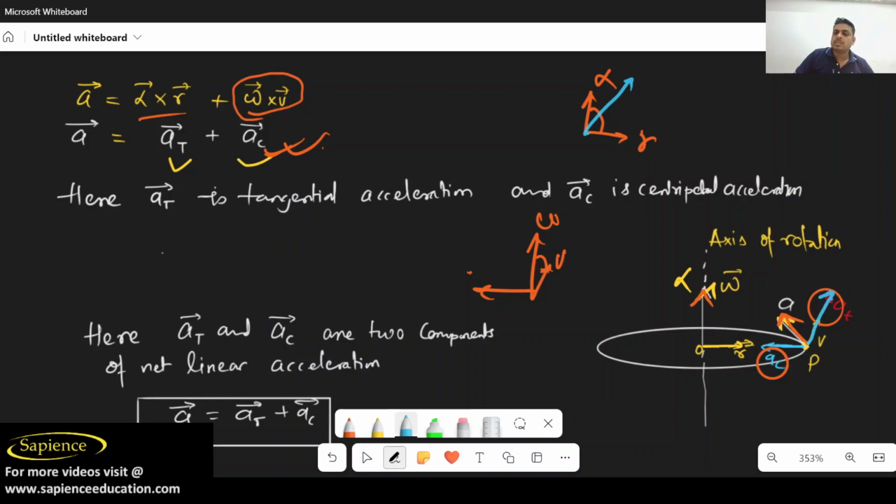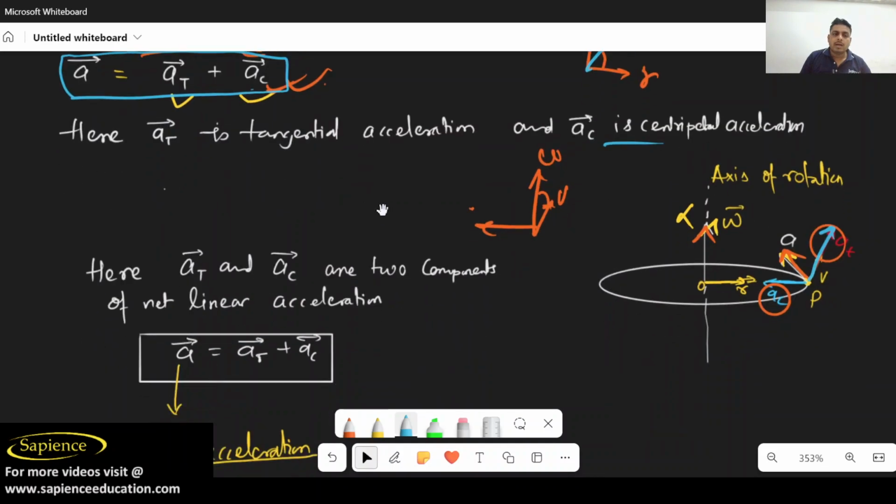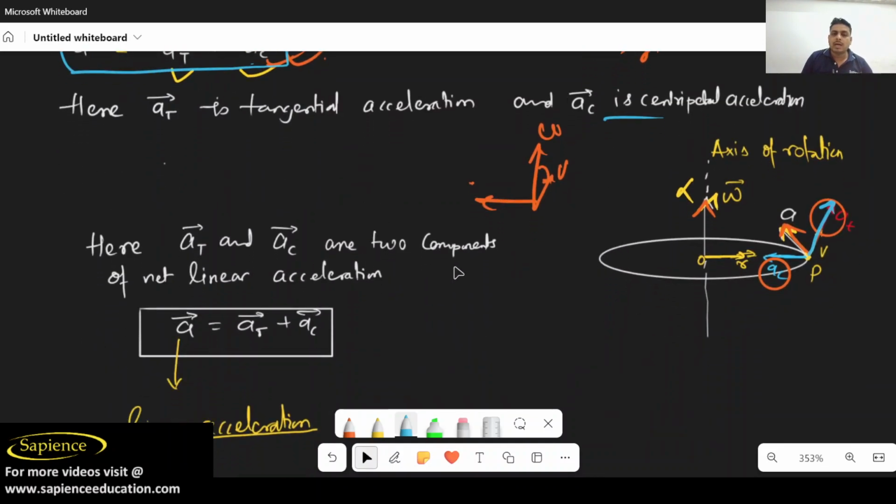So this is tangential. That's why acceleration accounts for two types: tangential acceleration plus centripetal acceleration. Here AT is the tangential acceleration and AC is the centripetal acceleration. AT and AC are two components of the net linear acceleration.